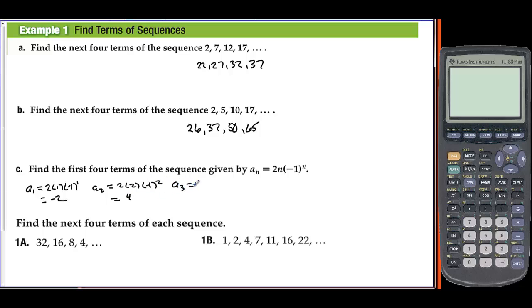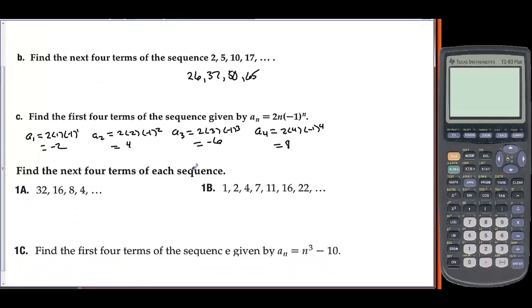A sub 3 will be 2 times 3 times negative 1 to the third, which is negative 6. And then a sub 4 is equal to 2 times 4 times negative 1 to the fourth. And that's equal to positive 8. And notice with negative 1 to the n, this will go negative, positive, negative, positive.